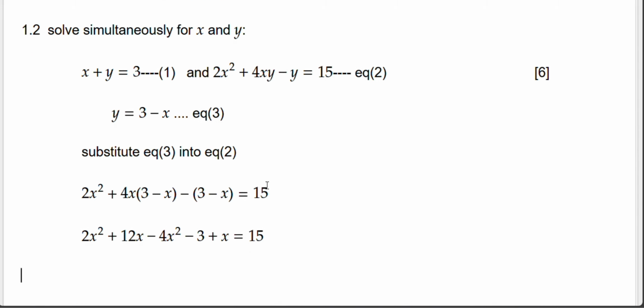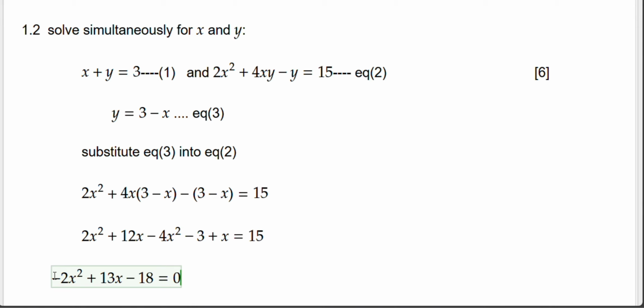So now we need to collect the like terms. It's going to be negative 2x, because this and this are like terms, this one and this one are like terms, so it's going to be negative 2x to the power 2, then plus 13x minus 18, if I'm not mistaken, but I think so.